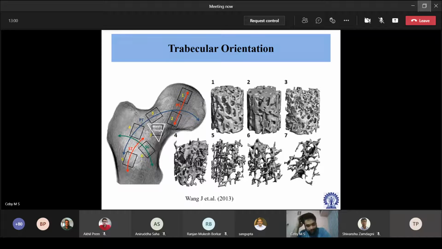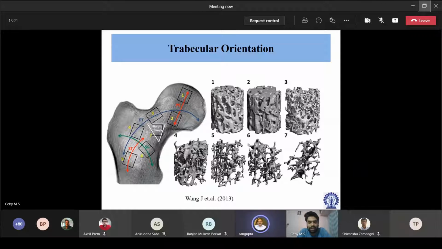So for osteoporotic patients, this particular microstructure becomes more porous, and this trabecular orientation actually governs the material property prominently. Osteoporotic means people who have lesser bone density.